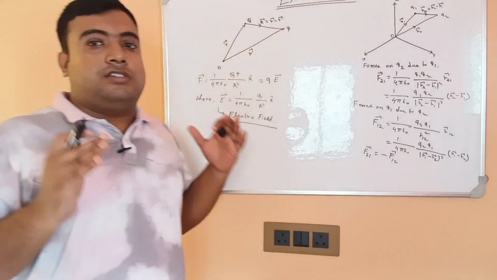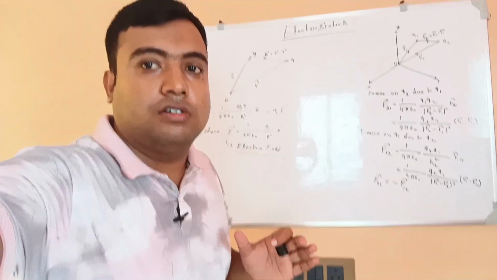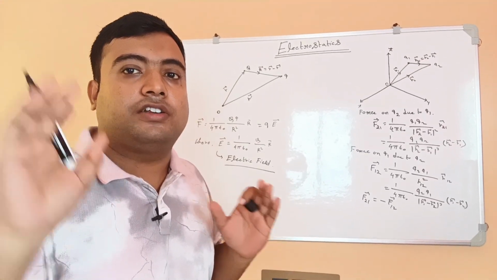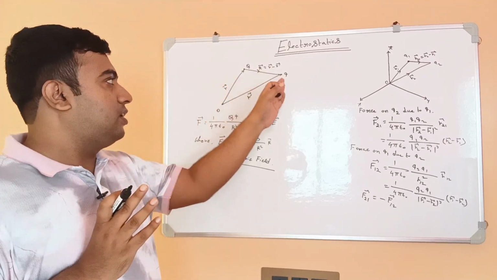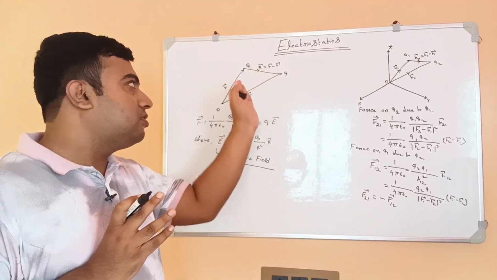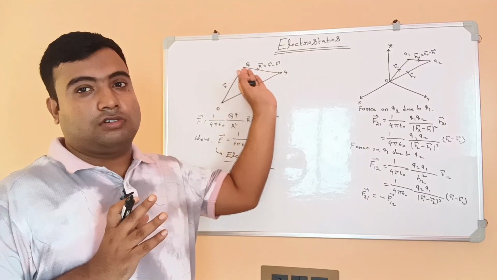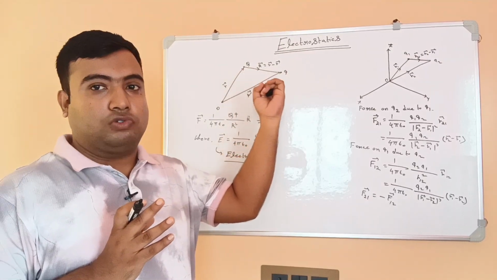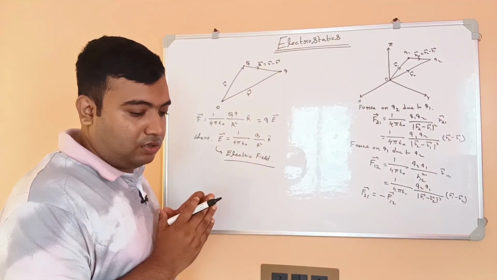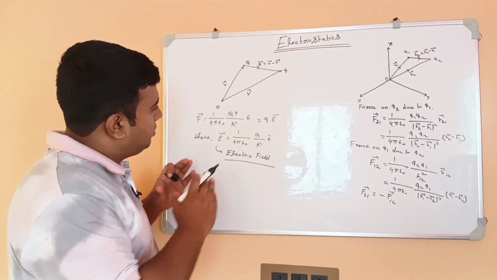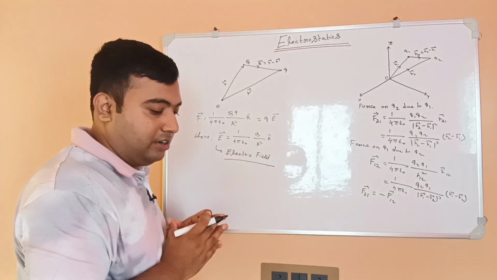So the electric field is nothing but a force field created by a point charge, and when a test charge comes into the position of this source charge, it feels a force. The space surrounding the source charge has an electric field.